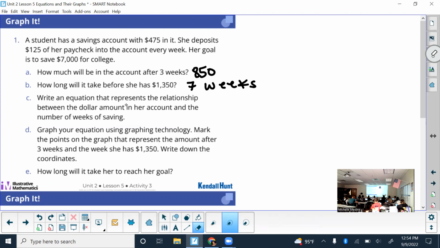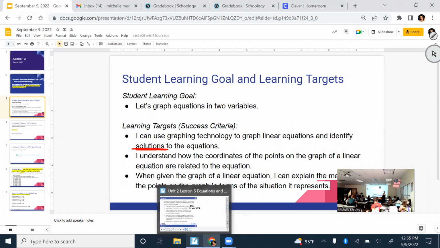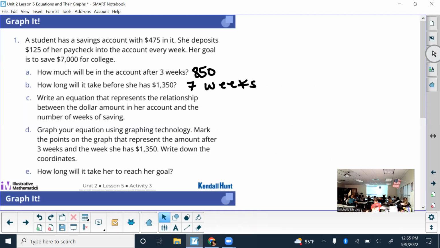matches the situation. And notice what type of graphs have we been looking at today? Linear equations. So graphs that produce straight lines. Do you know what the formula usually is for those graphs? Maybe from like 8th or 7th grade.